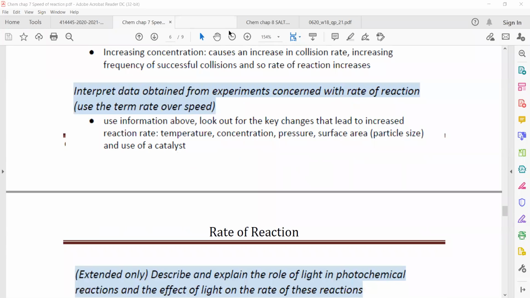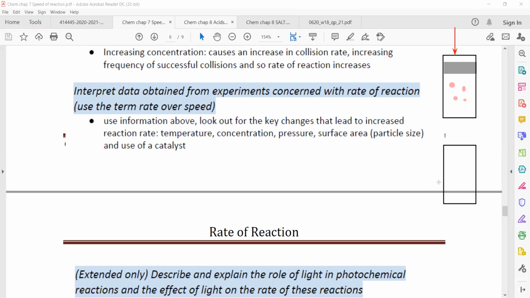How does pressure increase the concentration? This is for gases. For example, if I have a container and we have say 3 or 4 molecules, when I increase the pressure, the number of the molecules is not changing.